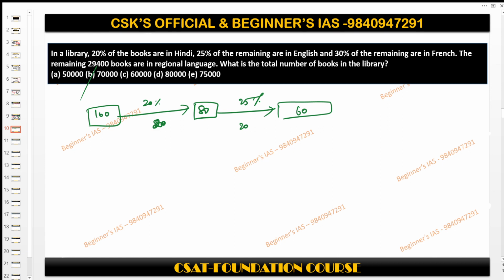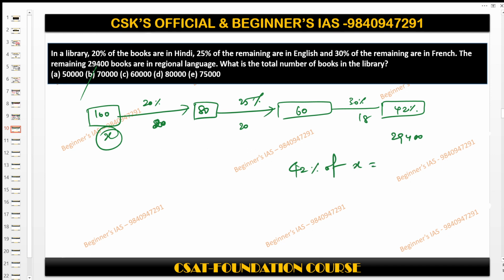Out of this you spend 30 percent, which is 18. Can you say 42% is equal to 29400? When 42% of x is equal to 29400, then what would be x? 29400 into 100 by 42. Understood?